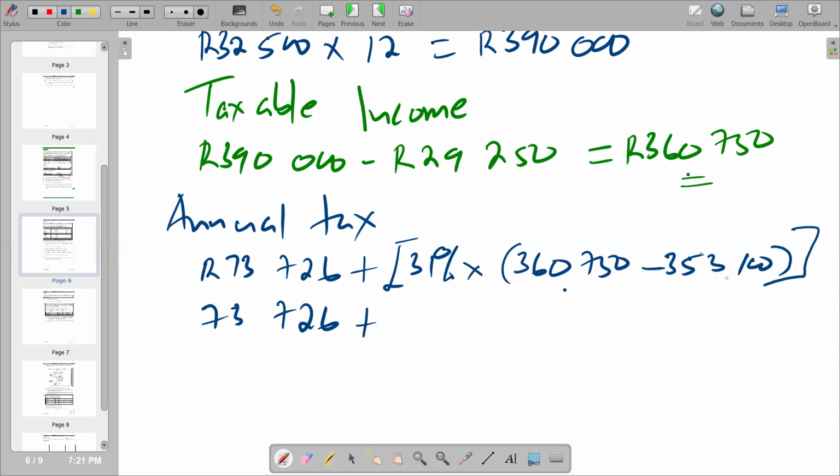You subtract there, see that the figure that we are going to get is 7,650. So basically, it's going to remain as 31%.